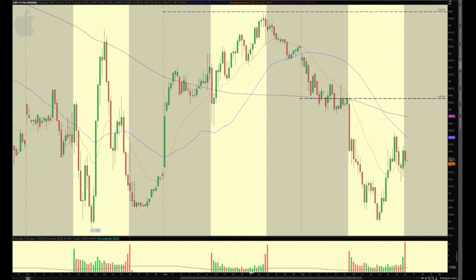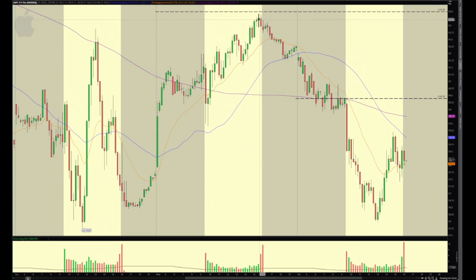Now, if we zoom out here, we can see that most of this move from 163.48 to the open today at 160.38 happened in the pre-market. What happens in the pre-market is usually on very low volume.